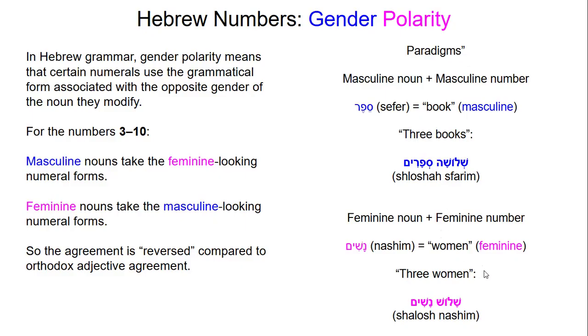And then you have Shalosh Nashim, feminine noun linking up with a feminine number. So masculine goes with masculine, feminine goes with feminine. And that, my friends, is a note on gender polarity as it pertains to Hebrew numbers.